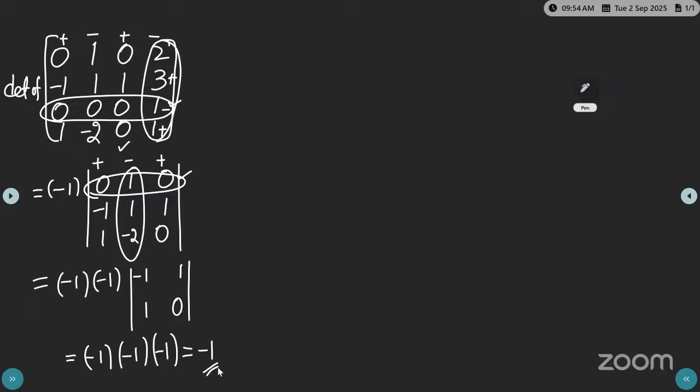If you commit even a simple mistake, the answer will be +1 or something else. Okay? Don't make such mistakes. Concentration and focus are required while doing calculations, because among the options you are given the answers -1, +1, 2, 0.